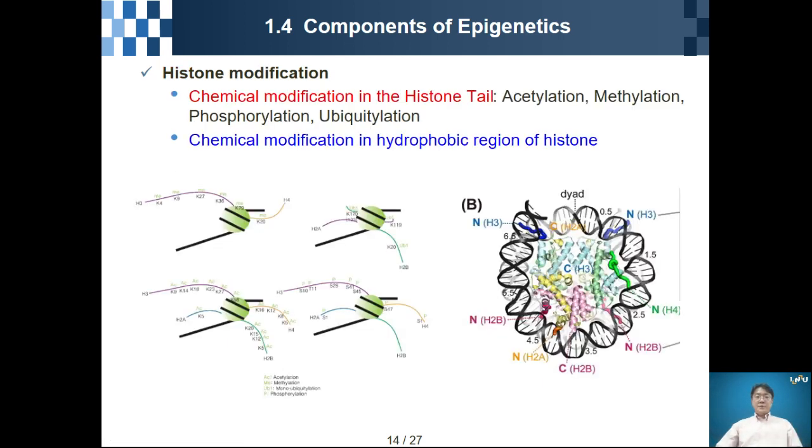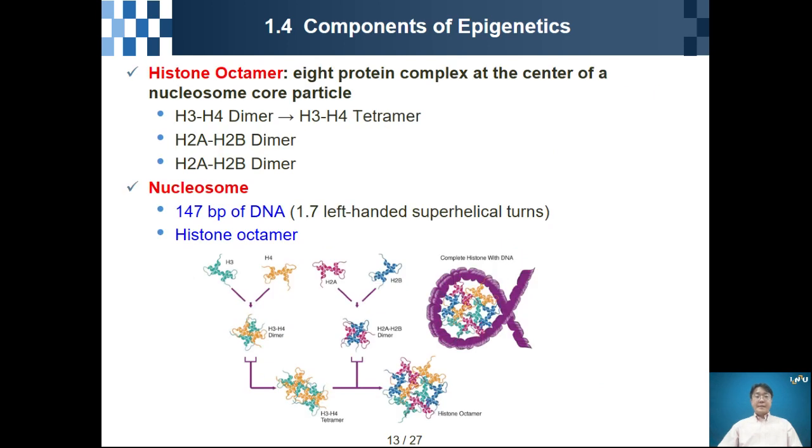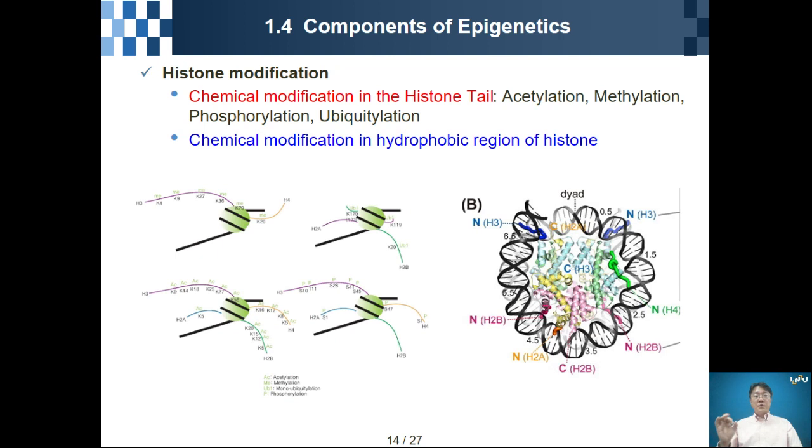Now I will explain another component of epigenetics, histone modification. So we already learned about histone, the histone complex, especially the histone octamer, and also we learned about the nucleosome. But usually in histones there are lots of modifications that happen. For example, this is a histone.